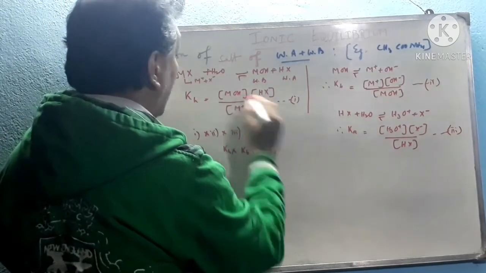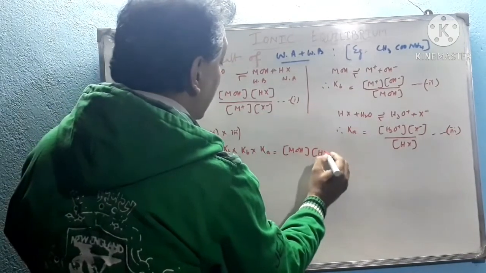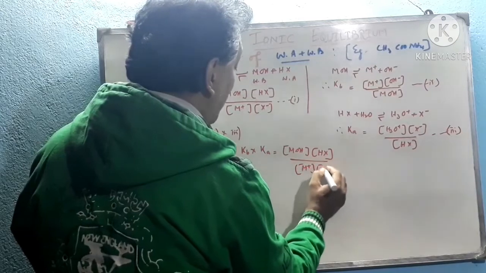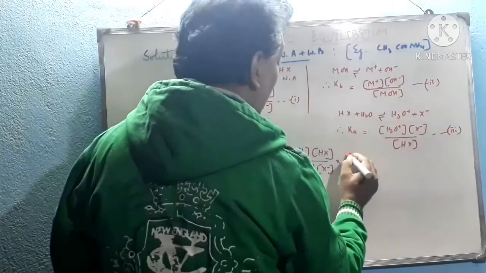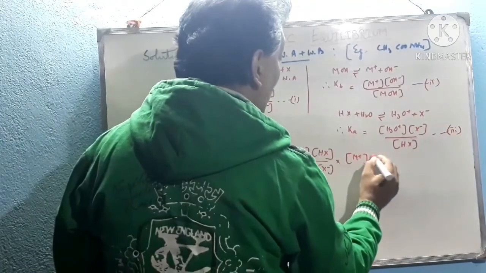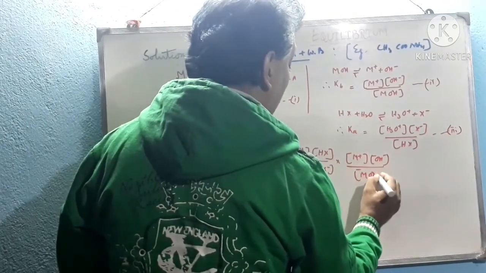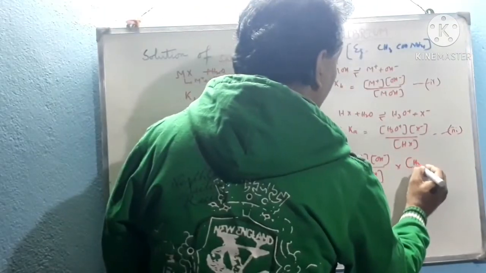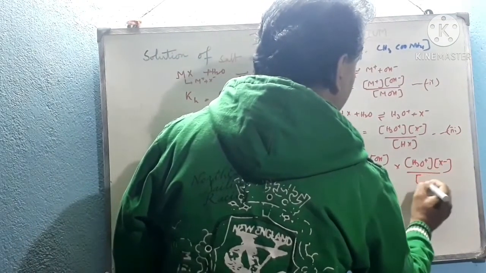This is equal to, for Kh you can write MOH into HX divided by M plus into X minus, into Kb. For Kb we have to write M plus OH minus divided by MOH, and for Ka we can write here H3O plus X minus divided by HX.